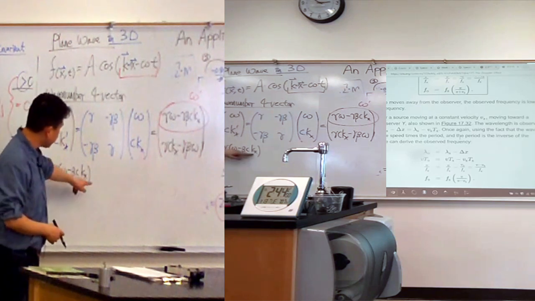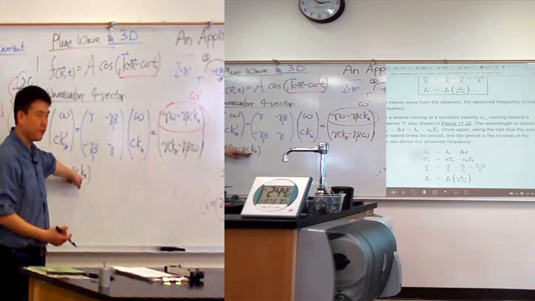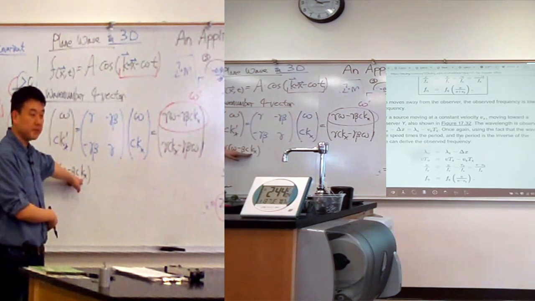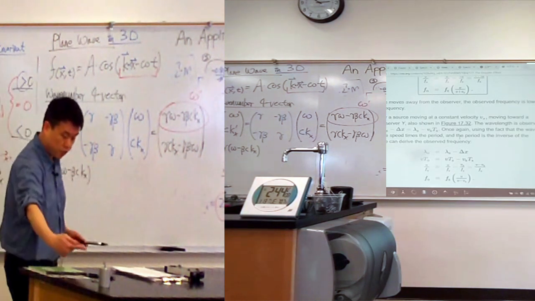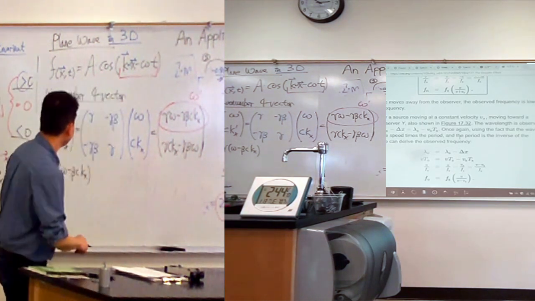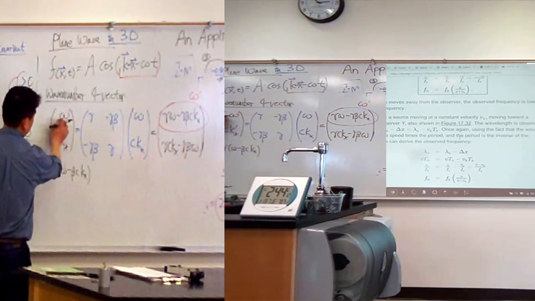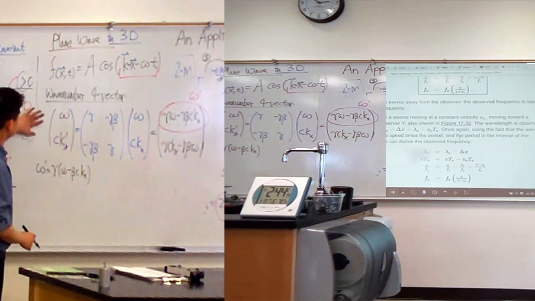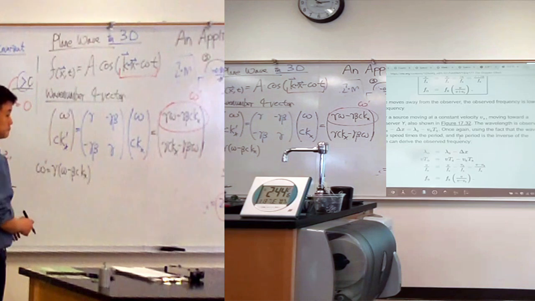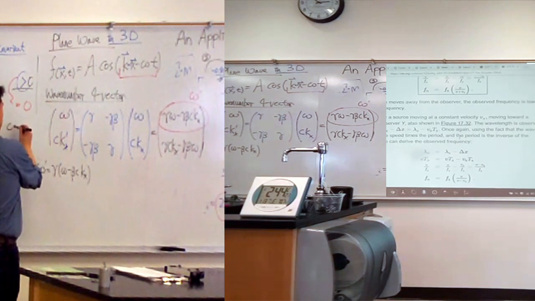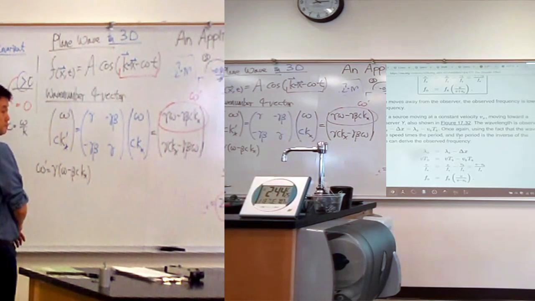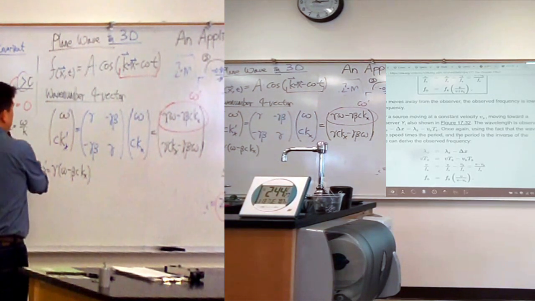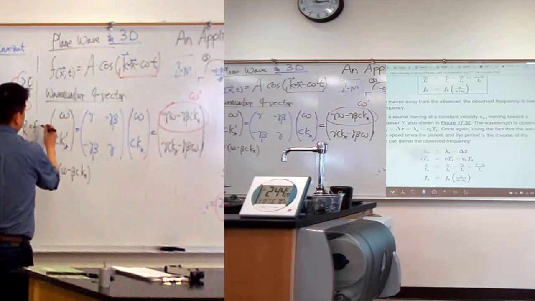I think I have kx that I don't really want. I want to rewrite it in terms of something else. If the wave is only traveling in the x direction, can I rewrite kx in terms of omega? How are they related? Or do you guys remember this? c is equal to omega over k, coming from speed of light being equal to frequency times wavelength.